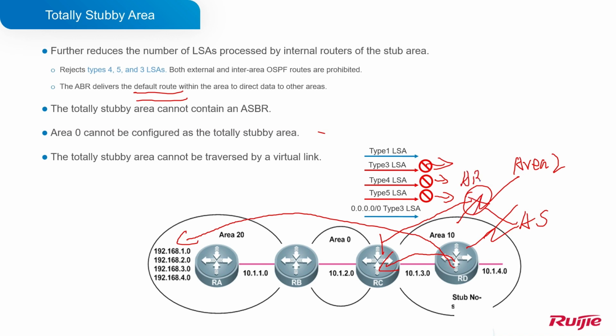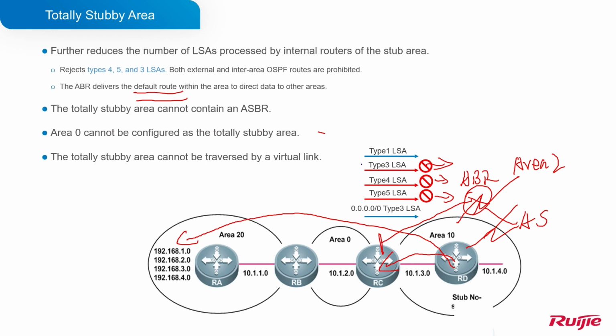If we create the tunnel between the RC and the ABR device of area 2, we can't set area 10 to become a totally stub area. Because the totally stub area reduces the detailed information, even though we configure the virtual link between two routers, we can't learn the routing information.